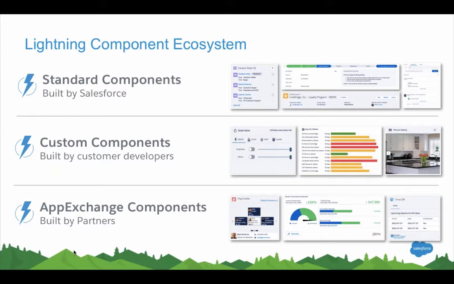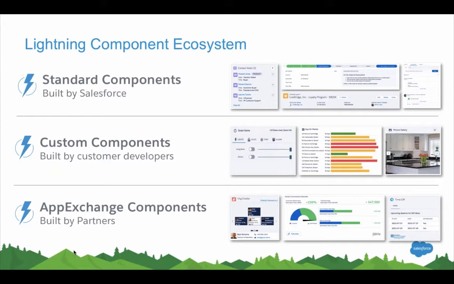These are ones that we provide. They're all configurable out of the box, and you can start customizing with them right away. The next set are custom components that are built by our customer developers. So these are components that get built internally, and they can solve use cases that our standard components don't solve. So you have more flexibility. You can actually build your own solutions in-house.